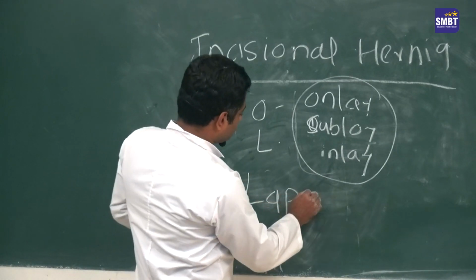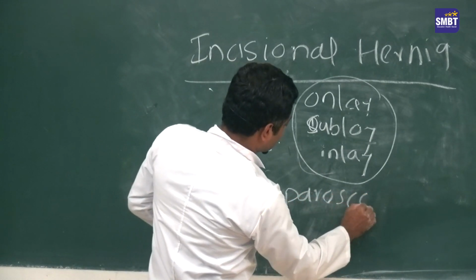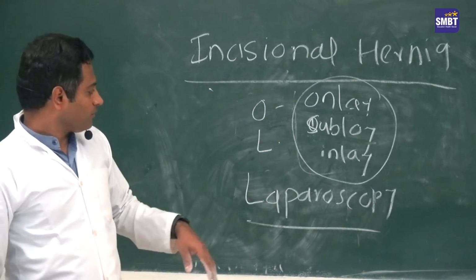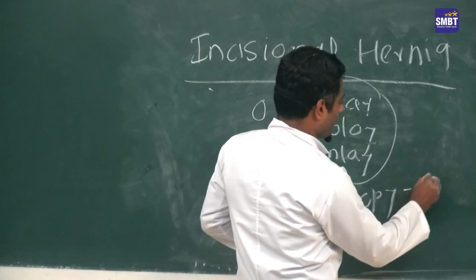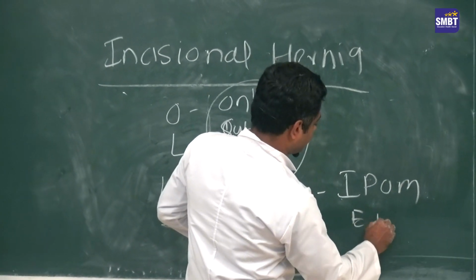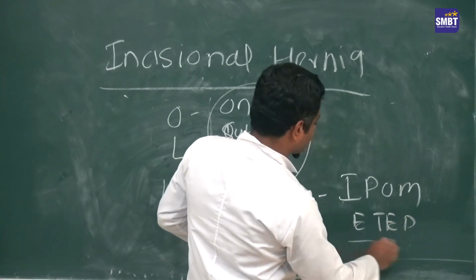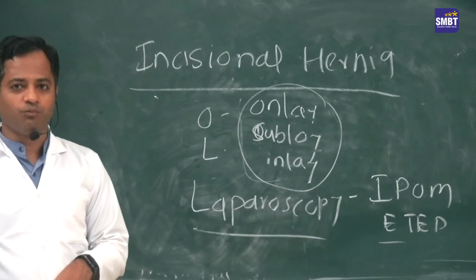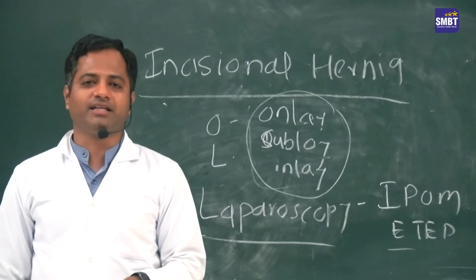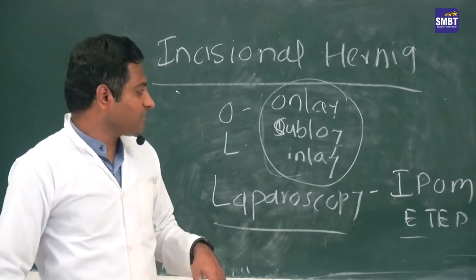Laparoscopy is again the same as umbilical hernia: IPOM and E-TEP. The only difference is that here the defect size is more, so you should use a large mesh. Ideally a 5 centimeter margin beyond the defect edge should be covered.